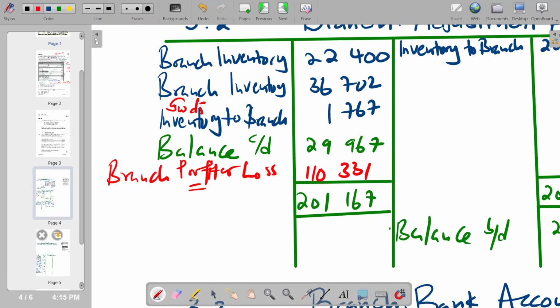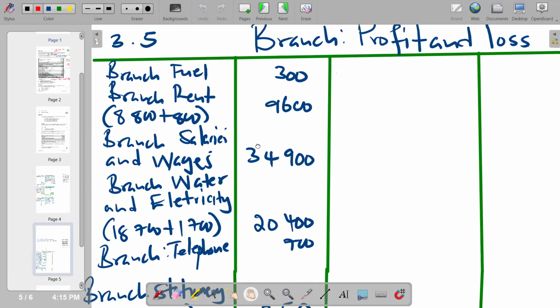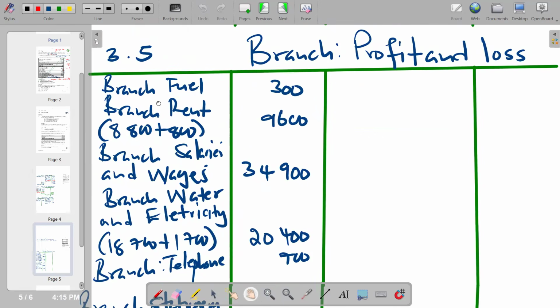So we go to the branch profit or loss, and we go to the credit side, where we are going to have our 110,331 coming from branch adjustment. So this is what we have on that part.